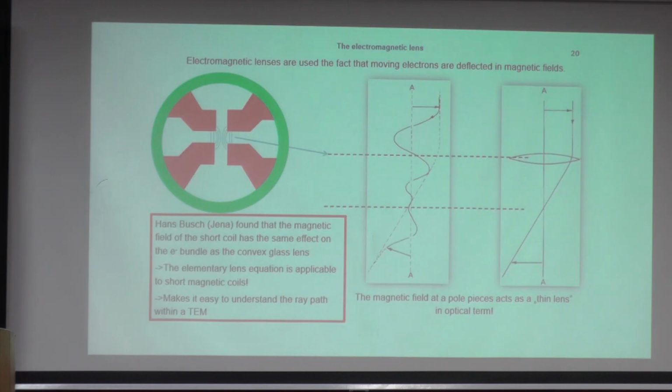If we make an analogy to the optical lens, these pole pieces act like small glass lenses. They are used for focusing or defocusing. So they bring your electrons from one point to another point. The magnetic field of the pole pieces acts as a thin lens in optical terms.